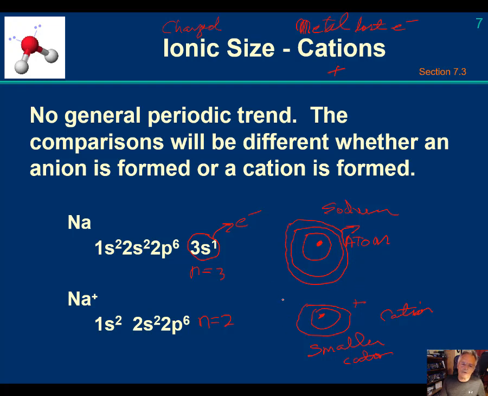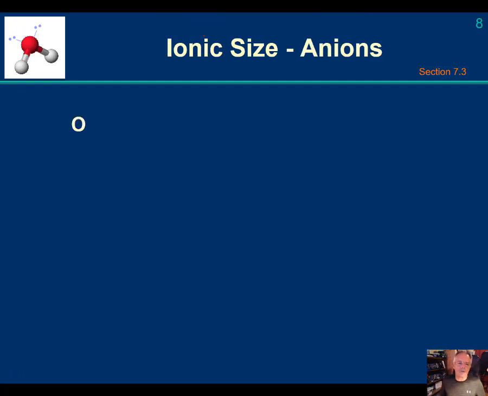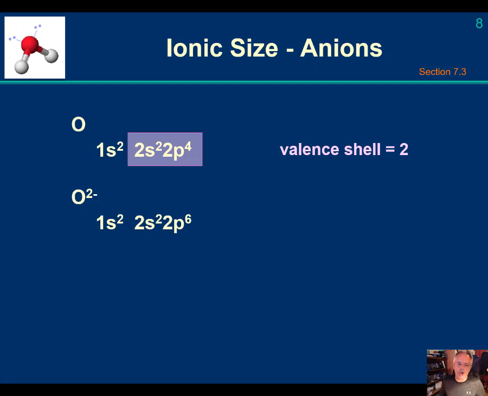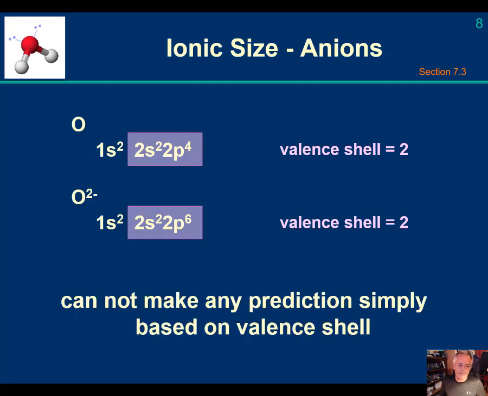So cations will be smaller than their atoms. Atoms will be larger, and you can see that it's lost an entire valence shell. Anions go the other way. If cations are smaller than their atoms, anions are larger than their atoms.